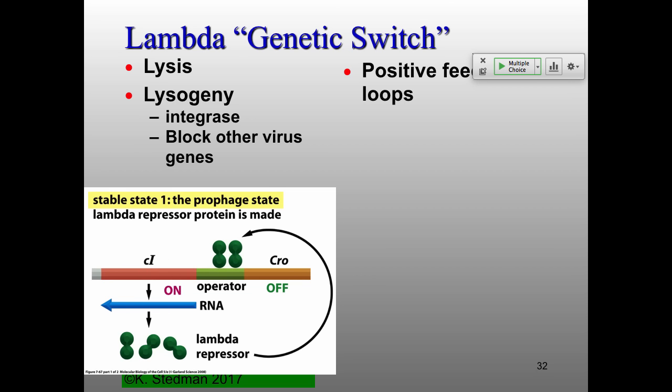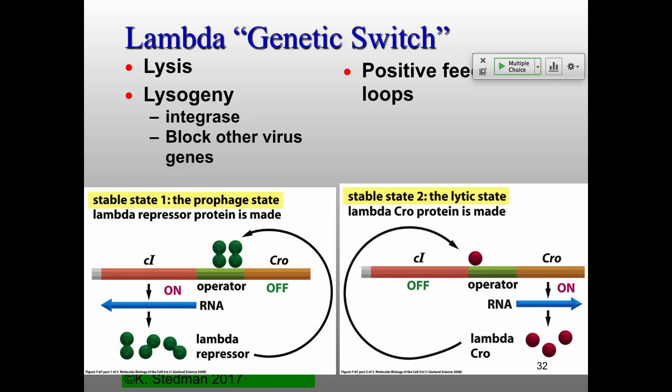We'll talk more about the C1 gene later on next term. This is what's happening in your lysogenic state. You're just hanging out, making a whole bunch of lambda C1. That bunch of lambda C1 shuts down the expression of your other genes that you need to make more virus, but is making more and more of this regulator.